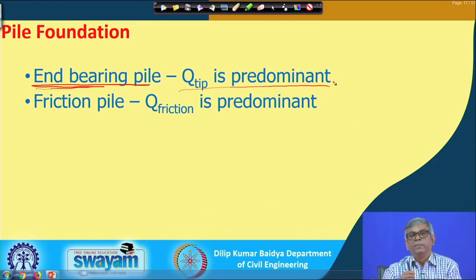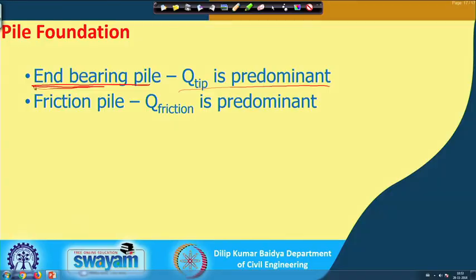That means the pile rests on a very stiff strata or on rock, so the actual capacity comes from the pile tip, though sometimes some resistance will be there from the side also.